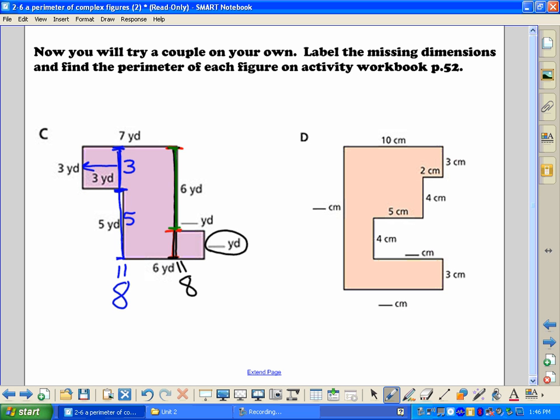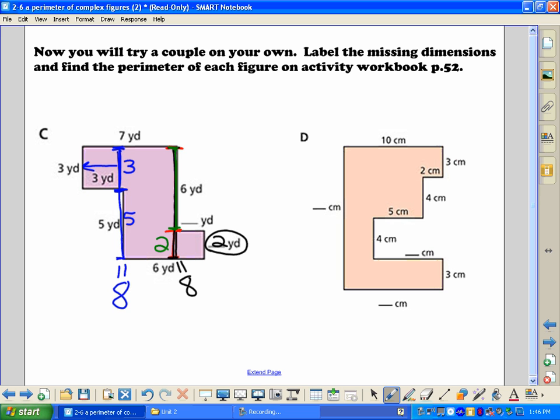So how do I get from 6 to 8? 2. So this has to be a 2. So what does that make this part? 2. See? Mathematically, why is it 2? Because I found congruent parts. Not just because it looks like it, right? So we got to figure out why.